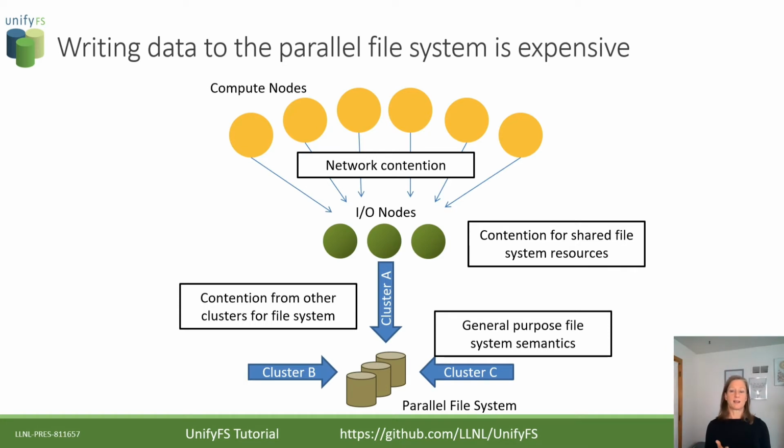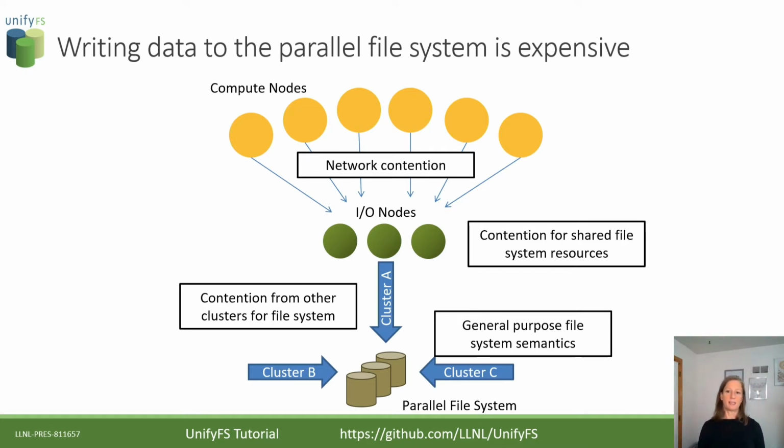The first place is on the network where your job is running. So this could come from competing jobs also doing I/O at the same time, or even MPI communication from other jobs. There's contention for the I/O resources, the I/O nodes that handle the I/O requests that come from your job and other jobs.